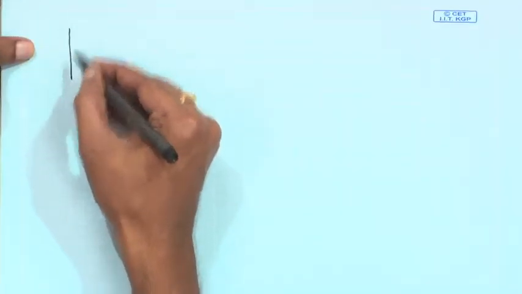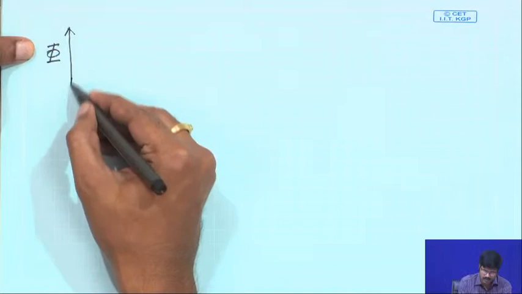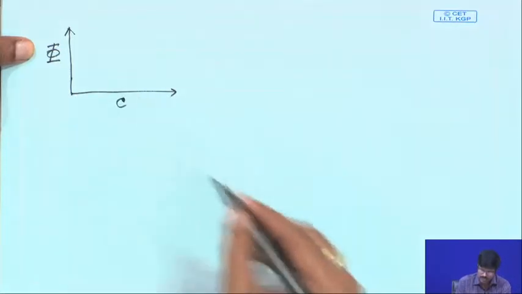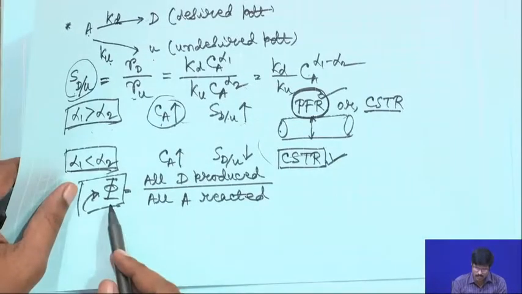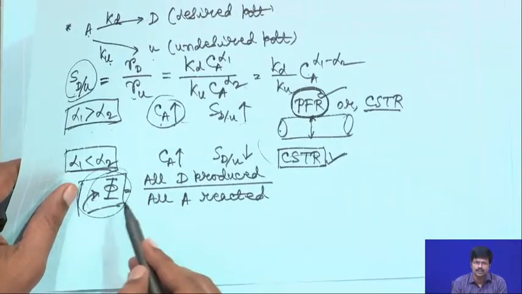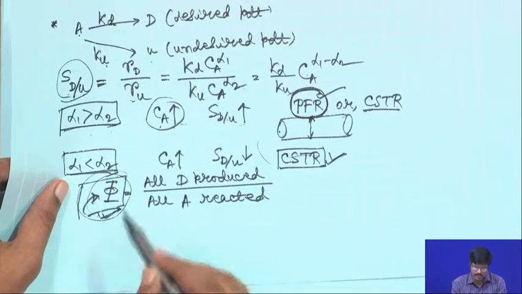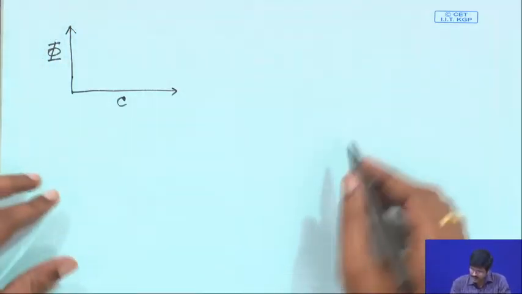So, you are plotting your yield with respect to concentration. Now, remember, if you are trying to get an expression for this yield of the desired product or the selectivity correspondingly, you have expressions like this.